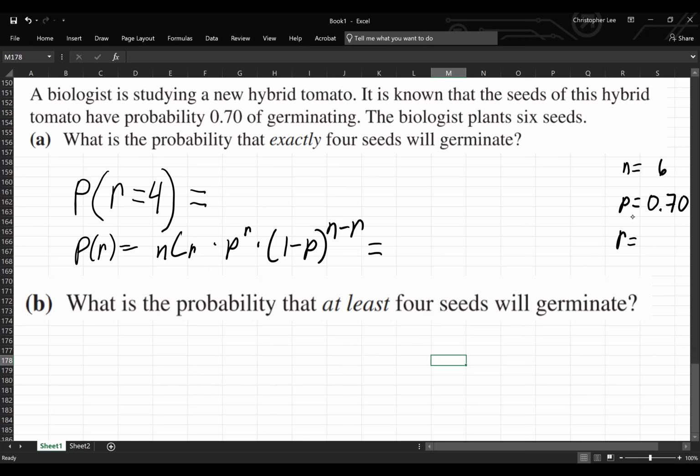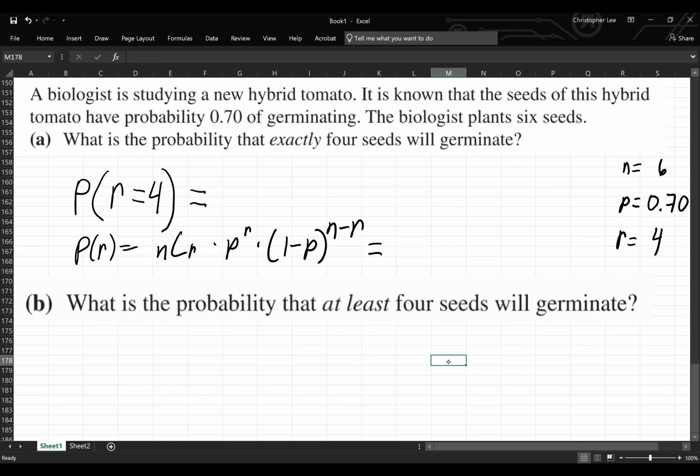And what's R? Yeah, that's good. So what's R? Okay, so what's the answer?